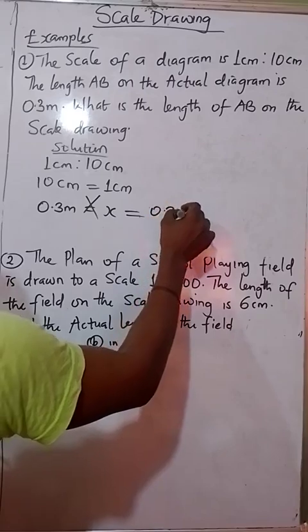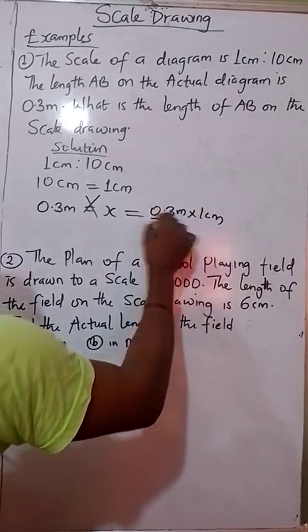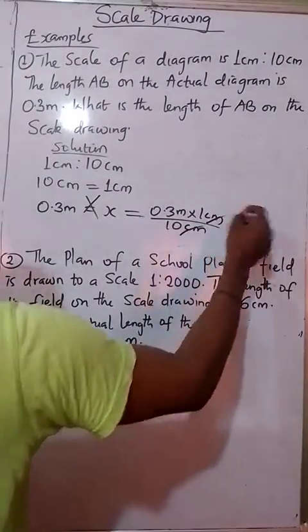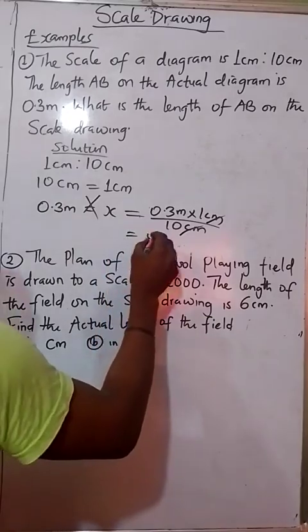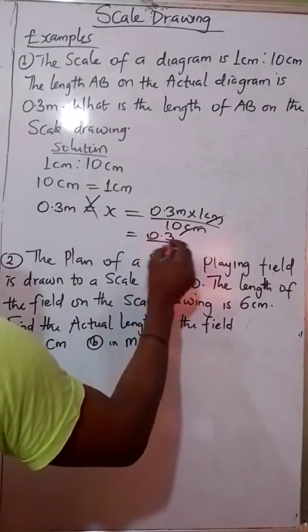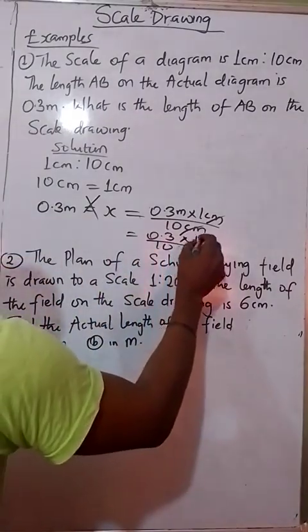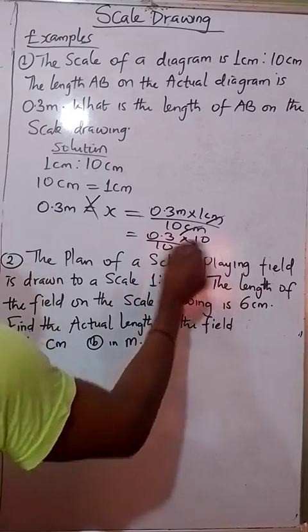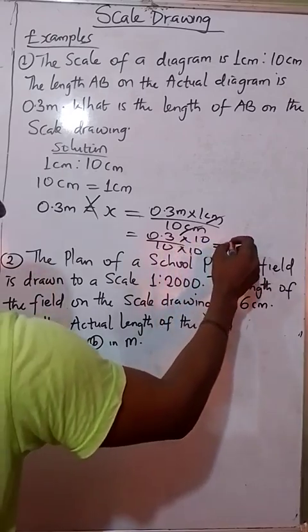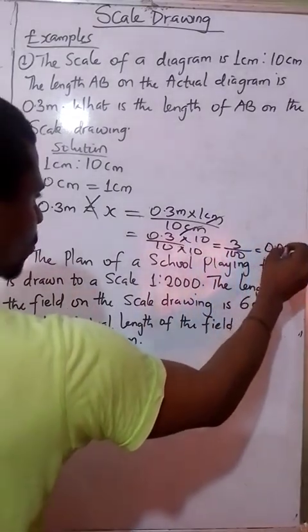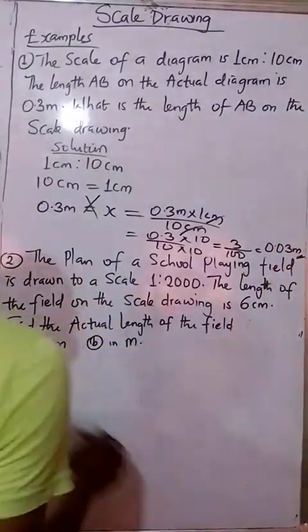The x will be 0.3 meters times 1 centimeter over 10 centimeter. Centimeter cancels centimeter, so this will be 0.3 over 10 meters. Times 10 times 10, we want to convert this. So that's 3 over 100, that's 0.03 meters.